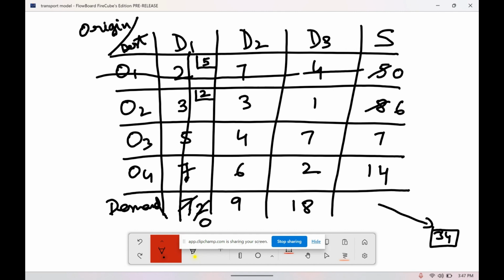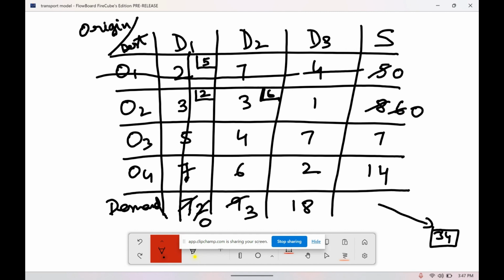Now what is the next one? Northwest. It is 3, this one. So 6 and 9, which is the lowest? 6 is the maximum supply we have, so we cannot fulfill the demand of 9. So 6 is what we can transport. So here 6 comes, supply becomes 0 and demand 9 minus 6 is 3.